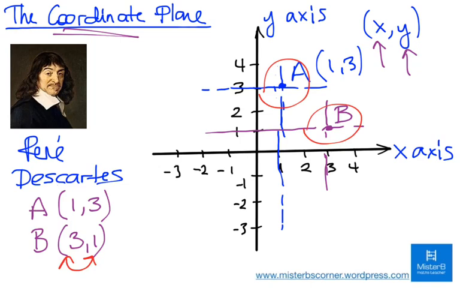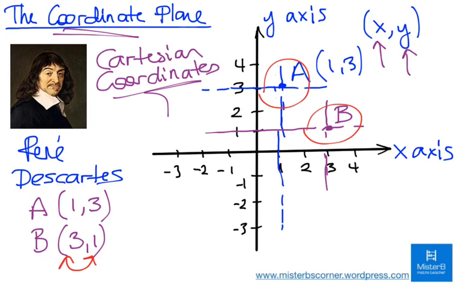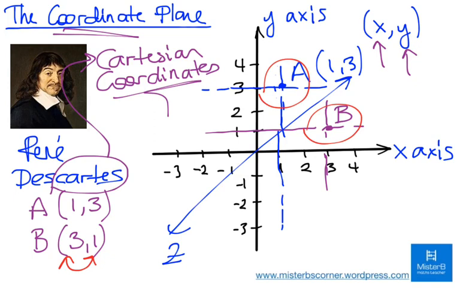So the coordinate plane, also called Cartesian coordinates, getting the last part of René Descartes' name, right? We use these coordinate planes to locate the points in a plane, or if you add a third dimension like this, which we call the z-axis, you can define everything in 3D space.